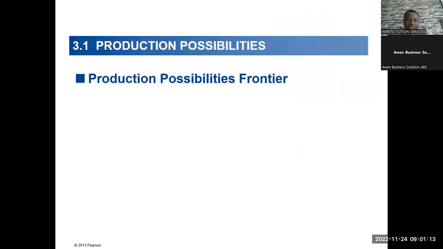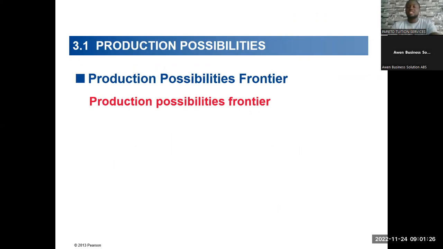So let's start with the PPF. When we talk about the PPF, we are talking about the combinations of two goods that an economy can produce if the economy is using all its resources at a given level of technology.